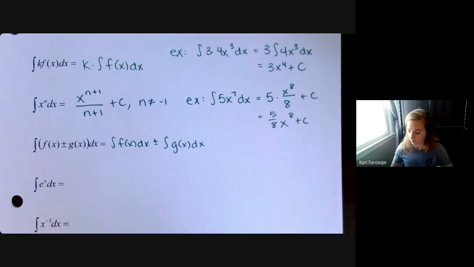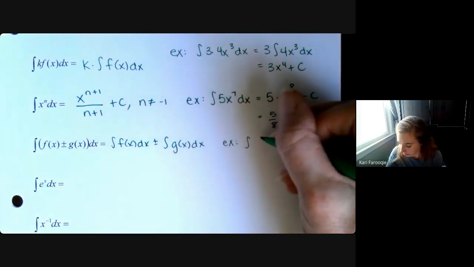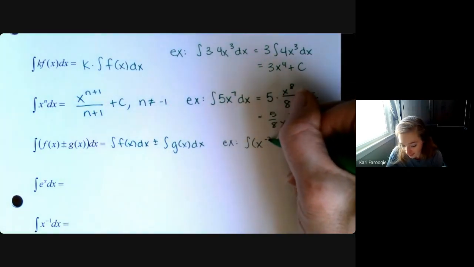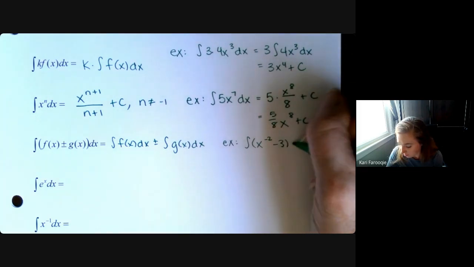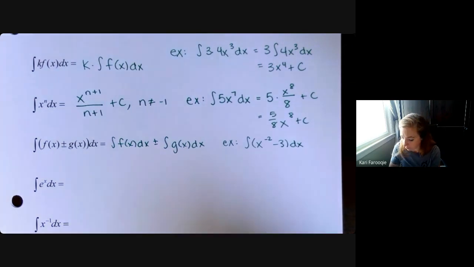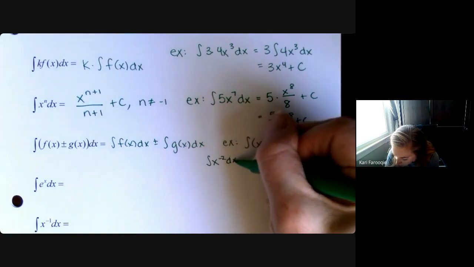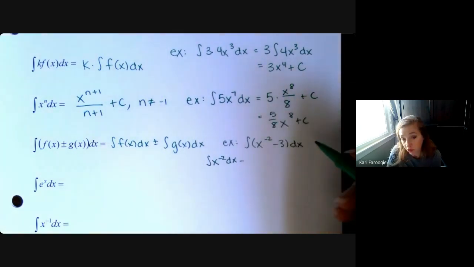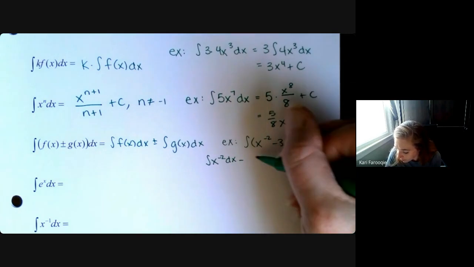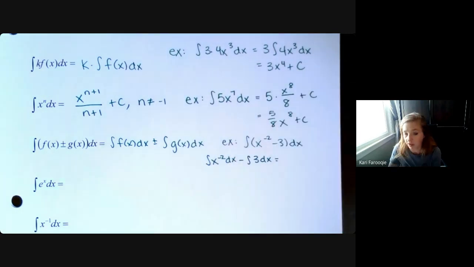And this would look like, for example, the integral of x to the -2nd minus 3 dx. We could do something like that. And you could really just think about this as the integral of x to the negative second dx, and then you could turn this into minus the integral of 3 dx, and then just integrate them separately.